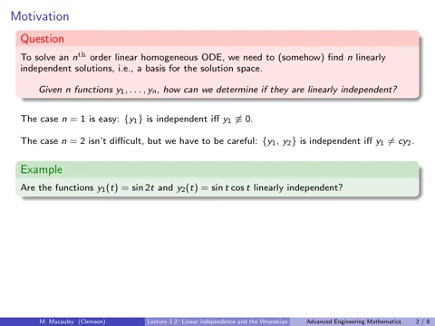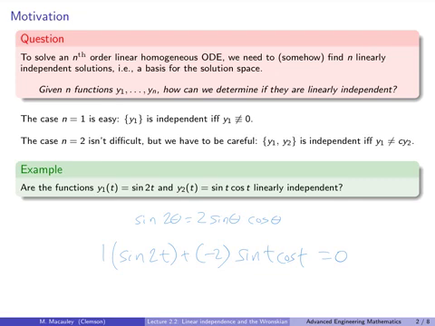Now it looks like at first glance that they aren't, but if you remember your double angle formulas, recall that the sine of 2 theta equals 2 times the sine of theta times the cosine of theta. So what that means is that if you have 1 times the sine of 2t plus negative 2 times the sine of t cosine of t, then you get 0.